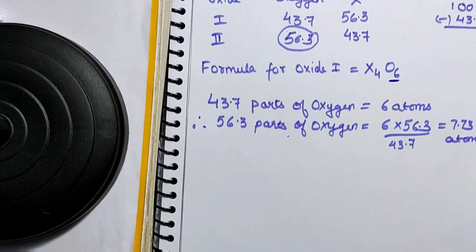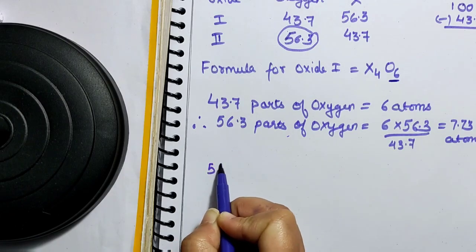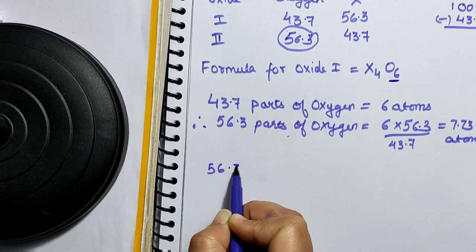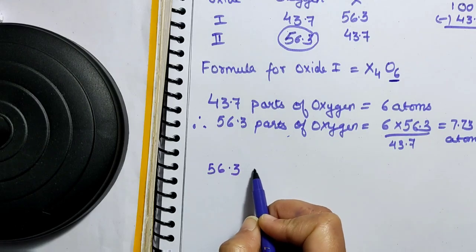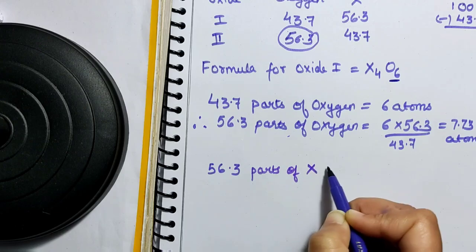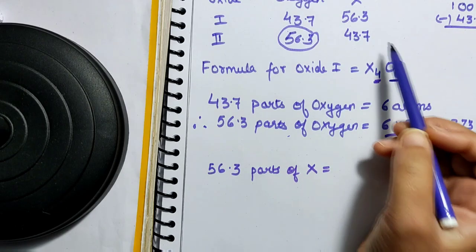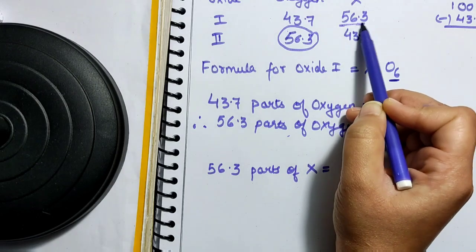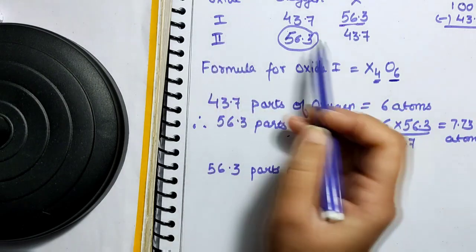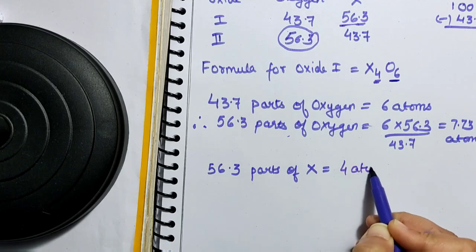Now similarly we will find out the number of X atoms in oxide 2. For the number of X atoms, 56.3 parts of non-metal X in oxide 1 is equal to how many X atoms? It is given, right? 4 X atoms.